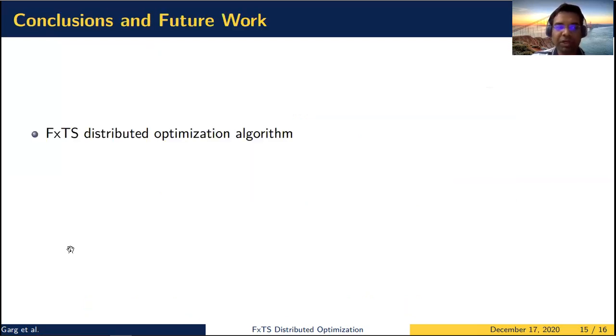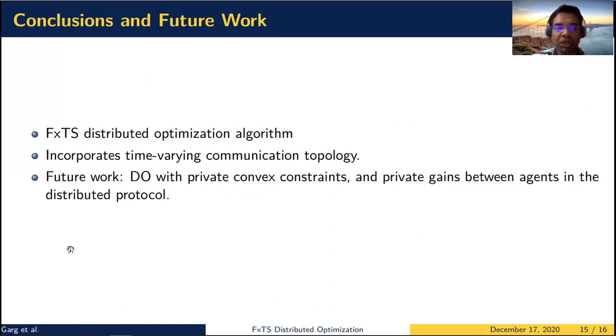So in conclusion, we presented a novel algorithm to solve the distributed optimization problem within a fixed amount of time. We also incorporated time varying communication topology, and future work includes solving the same problem with potentially private convex constraints.